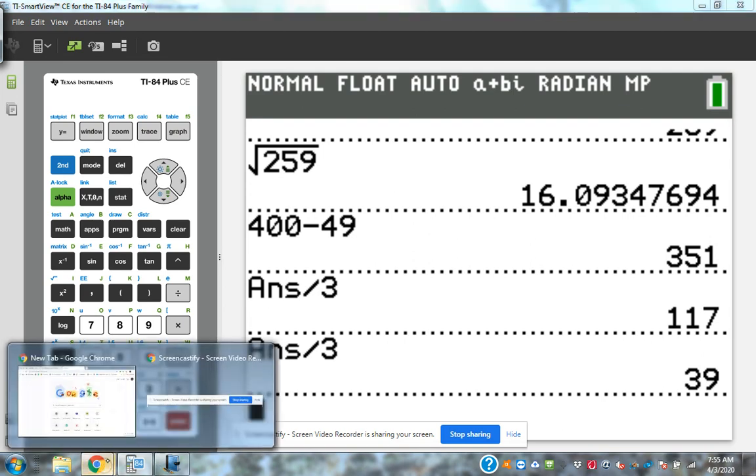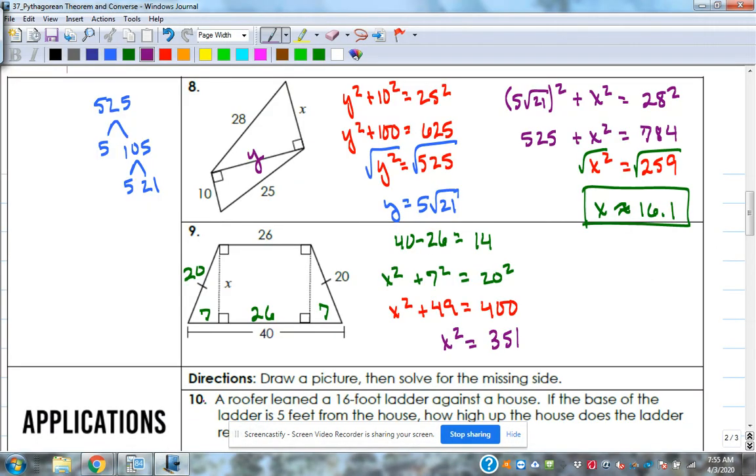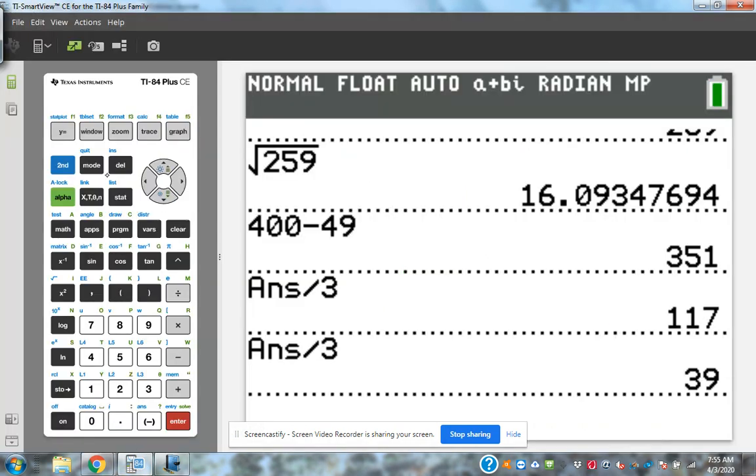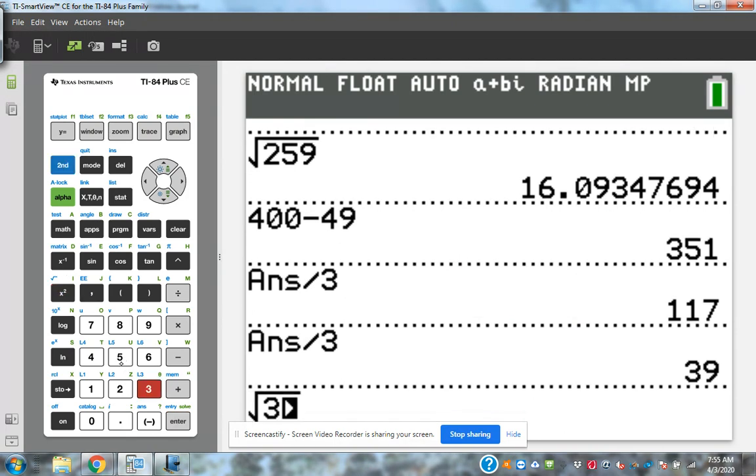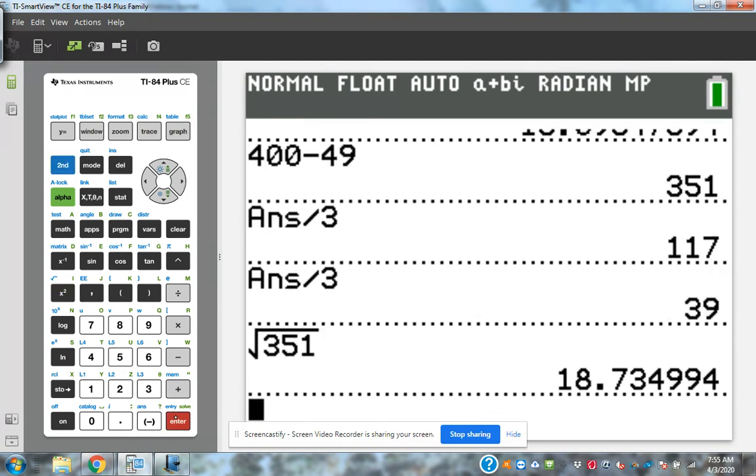So there's going to be 3, right, 39. Let me take the square root and then an approximation for that. Square root of 351 is 18.7.